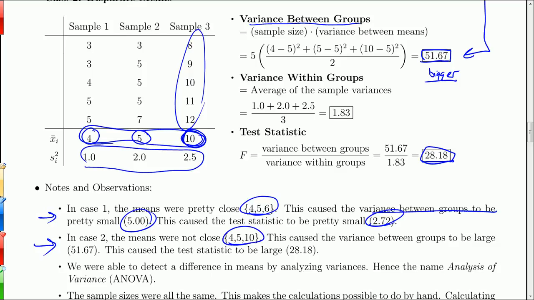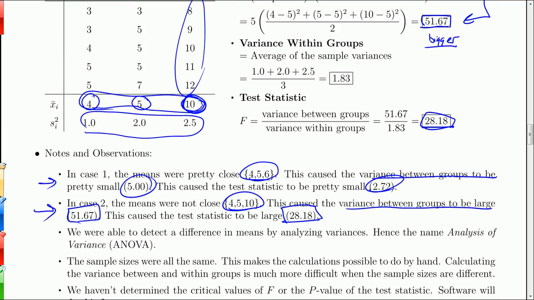This caused the variance between groups to be large, that was the 51.67, and that caused the test statistic, F, to be large at 28.18. So when the means were pretty close, the ratio was 2.72. When the means were not close, the ratio of the variances was very high. This is the F value. So when the means were disparate, I get a very large F value.